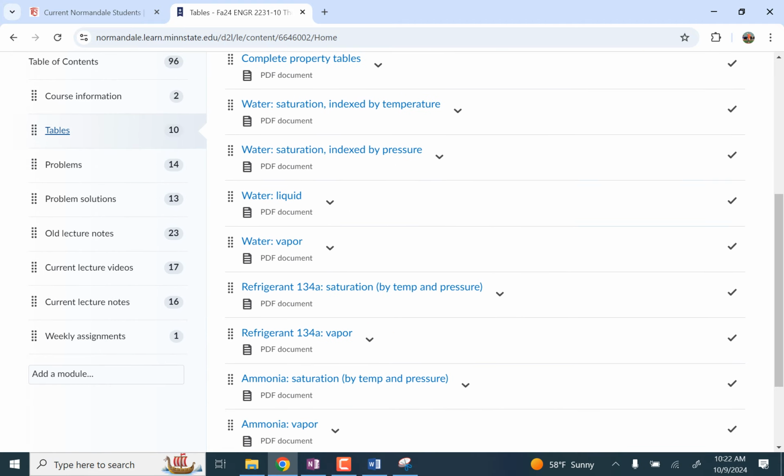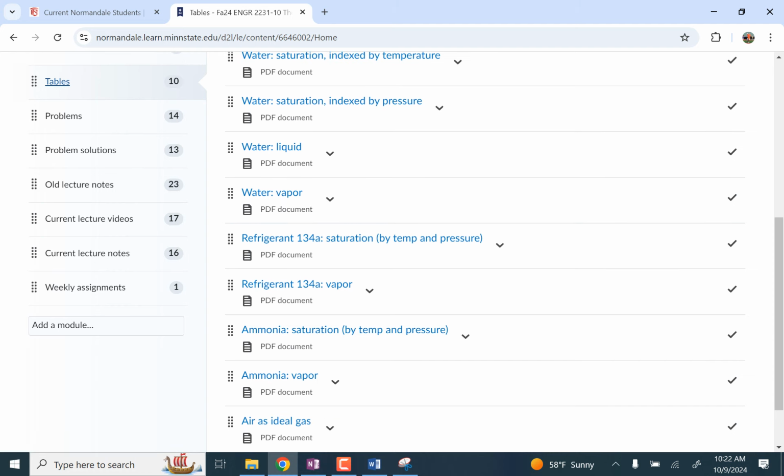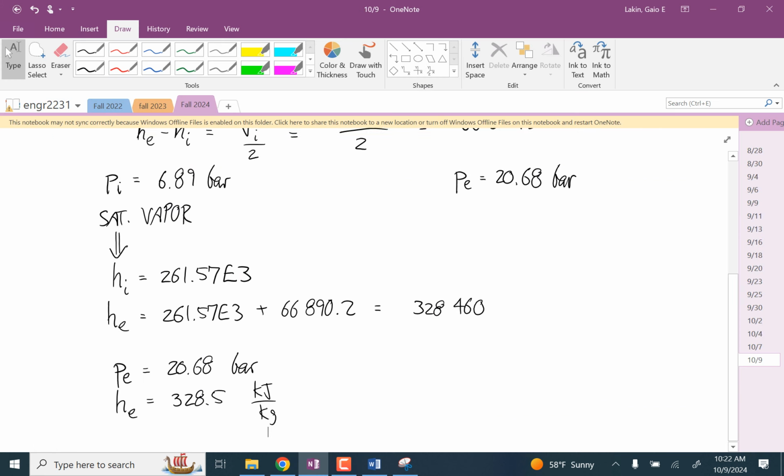So it's a saturated vapor at the inlet, though, so then at the exit it would not be saturated. The pressure went up.